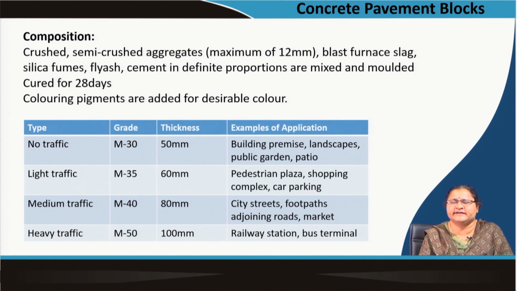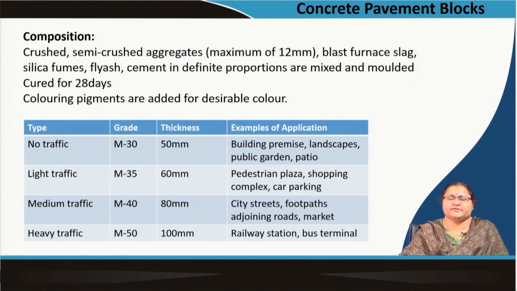Then for heavy traffic like railway station areas, bus terminals, where a lot of porters, movements, luggage, heavy materials may be carried. So, that is heavy traffic. Yes, you have another category, the docks and yards, they have very heavy traffic, and those bring the 120 millimeter size.